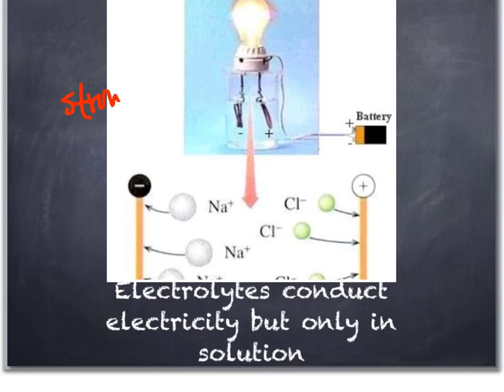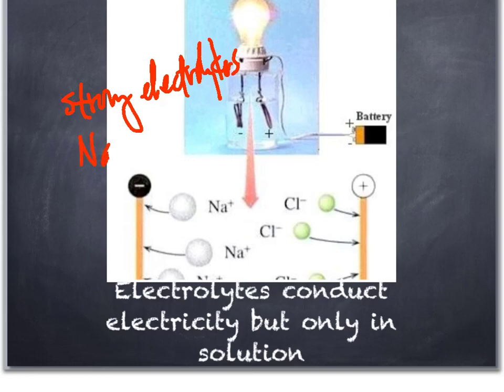Strong electrolytes dissociate 100%. So when we put sodium chloride in there, every sodium chloride separated.